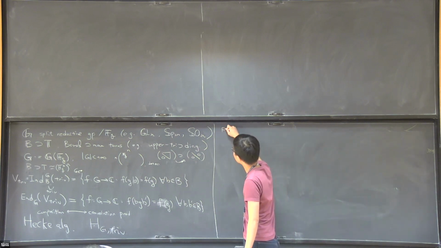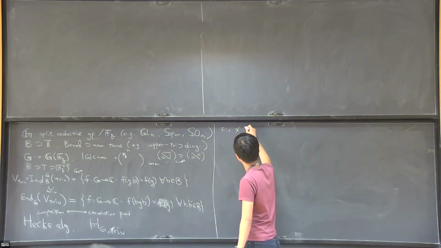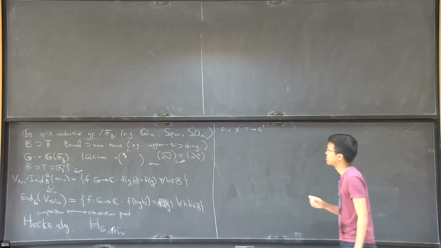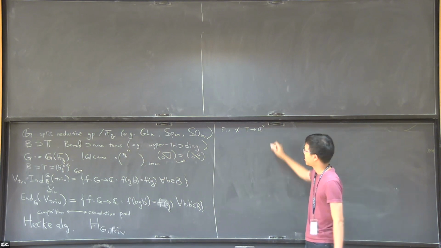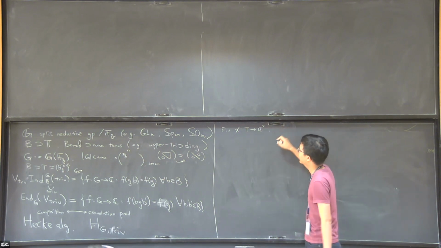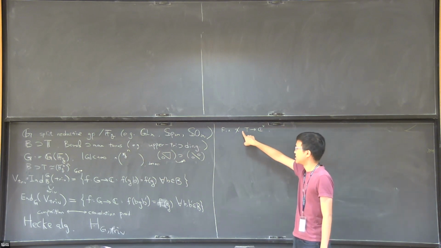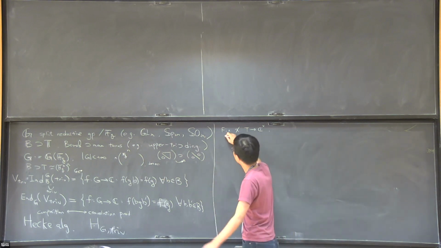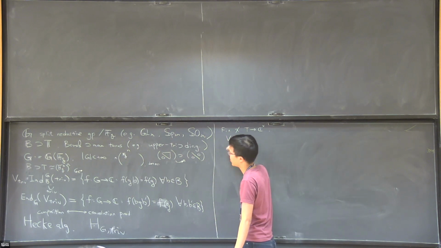Now let me fix one, a character chi of T. We can build it as a character on B. We can do the same trick. So we study V_chi, which is the induced representation.